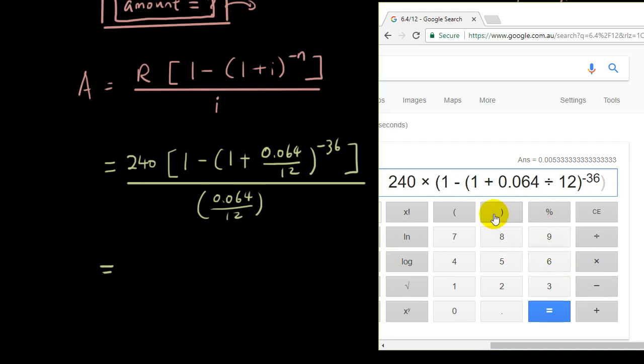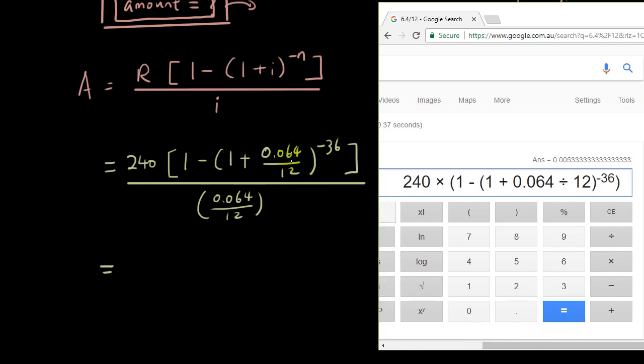Now, depending on what calculator you have, the negative button might be different to the minus button. Okay, so all of that is the top line.